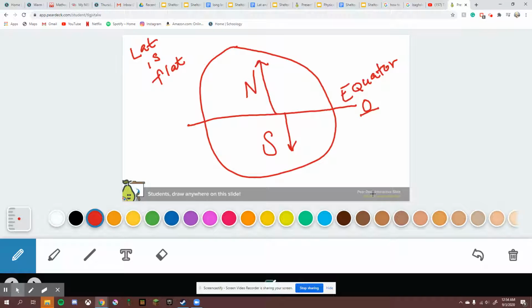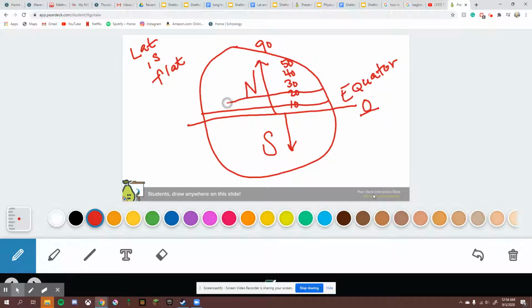So let me show you what that means. Here, it's going to go 10, 20, 30, 40, 50, and it goes all the way up to 90, okay? So then the lines that you're going to follow look like this.